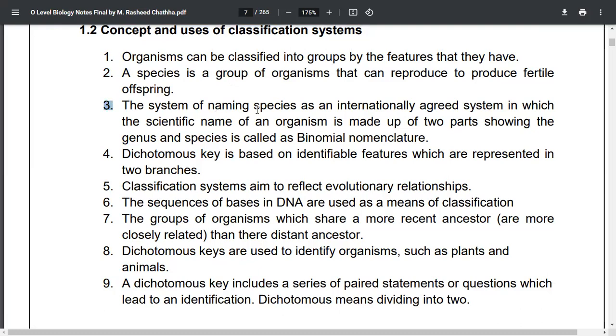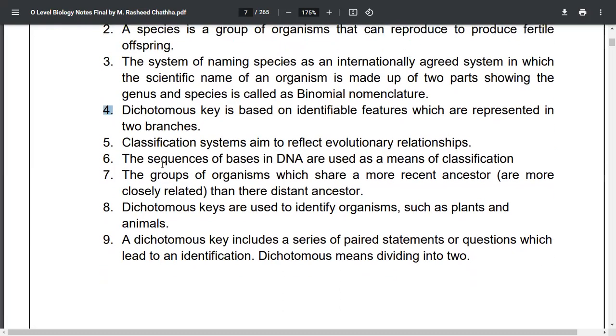The system of naming species is an internationally agreed system in which the scientific name of an organism is made up of two parts showing the genus and species, and is called binomial nomenclature. A dichotomous key is based on identifiable features which are represented in two branches.